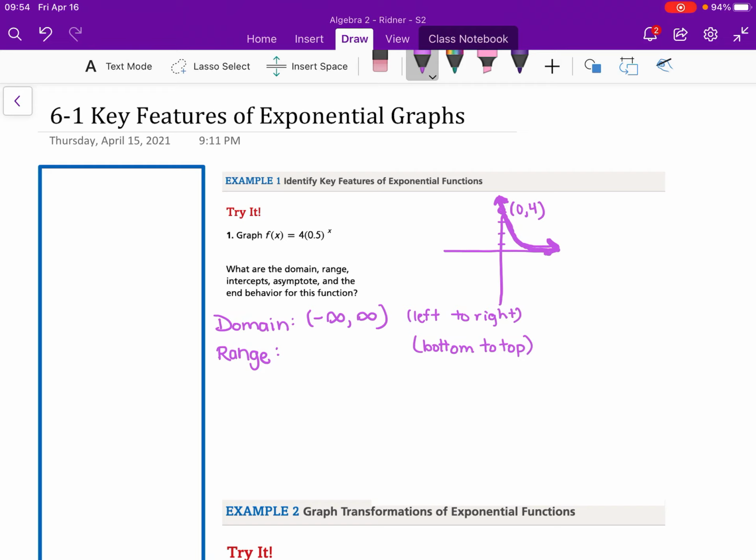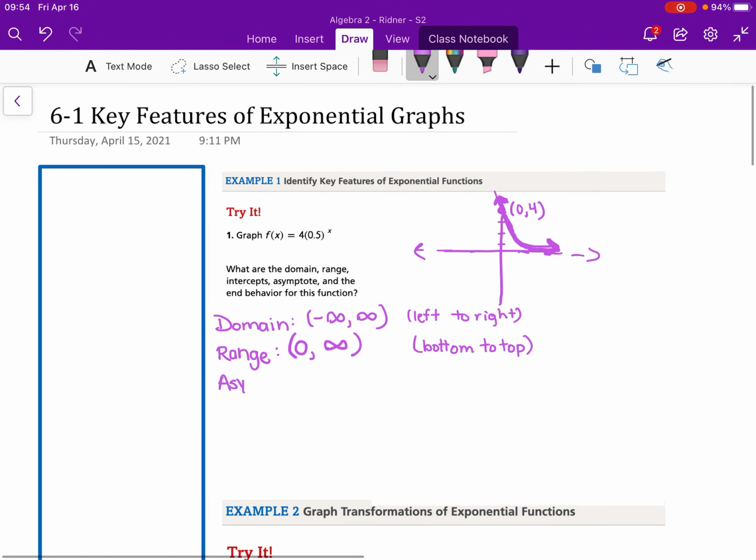And what it means is it's getting really, really close to this y-axis, but it's never actually touching it, okay? So the range is from 0, and then it goes up, up, up forever, so we say infinity. It does not touch at 0, so we close it with a parenthesis, not a bracket.